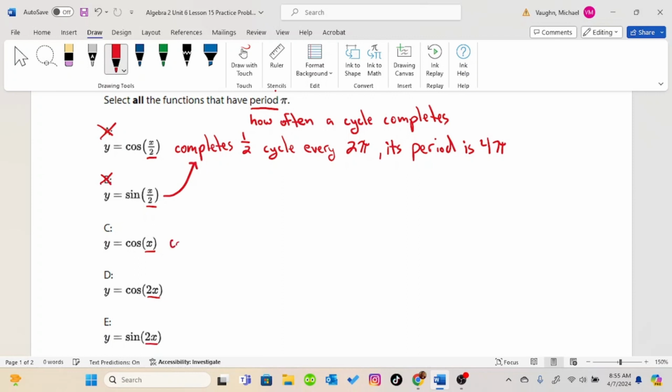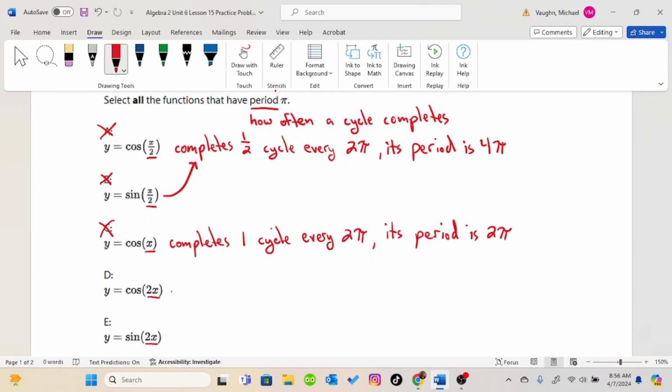C completes 1 cycle every 2 pi. Its period is 2 pi. So C is not correct.